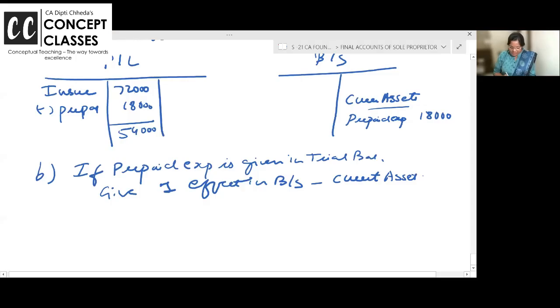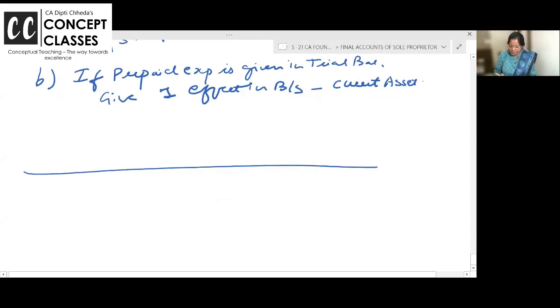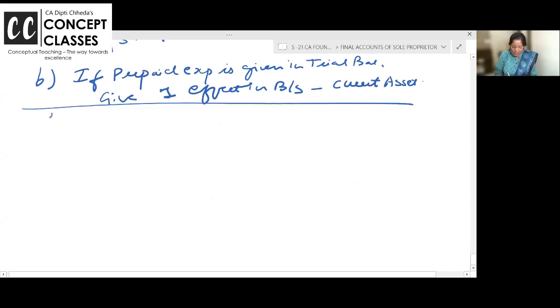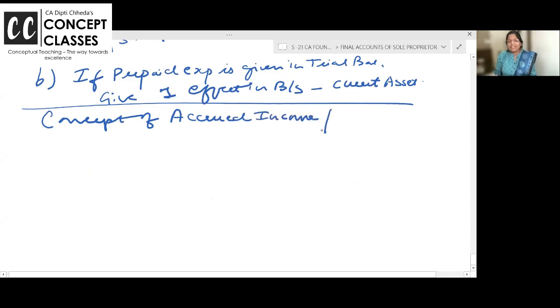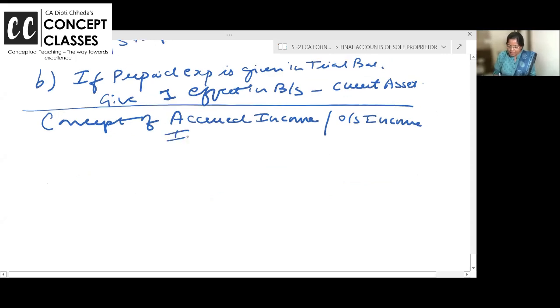First, we will write the heading: concept of accrued income. It has 2-3 other names, so write them all down: accrued income, outstanding income, income receivable.